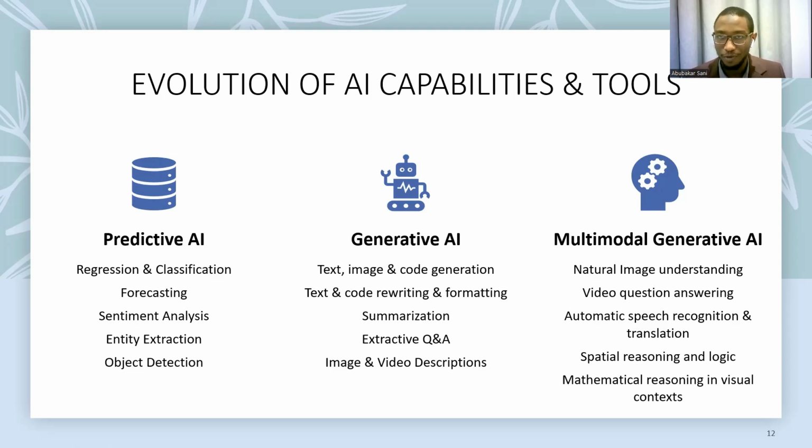You can provide a video to multimodal generative AI, and it will watch the video and you can ask it questions. You can have a Q&A. And I think last month, February, OpenAI released Sora, and Sora is able to generate realistic videos.